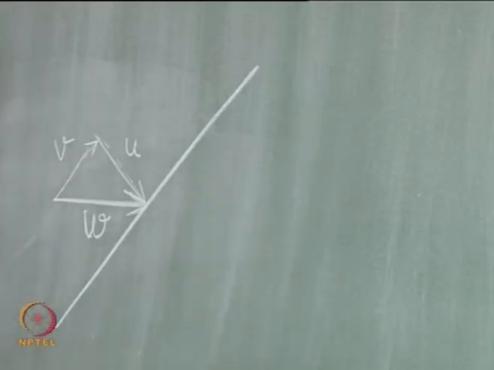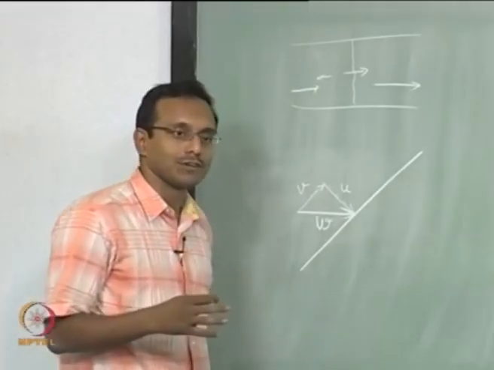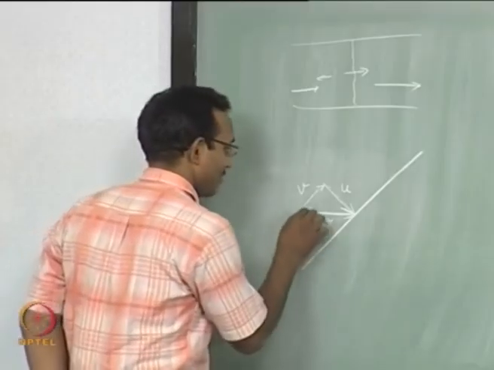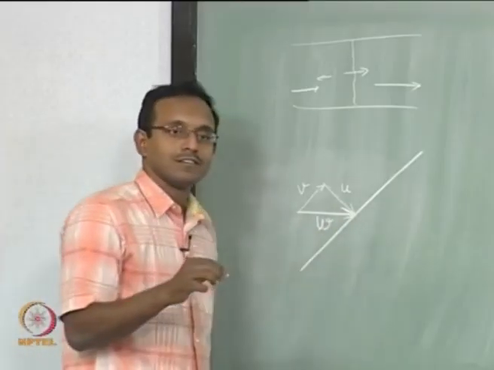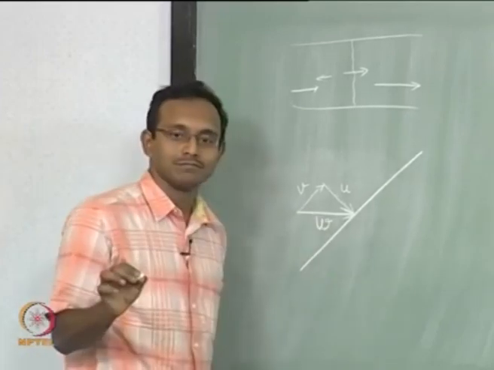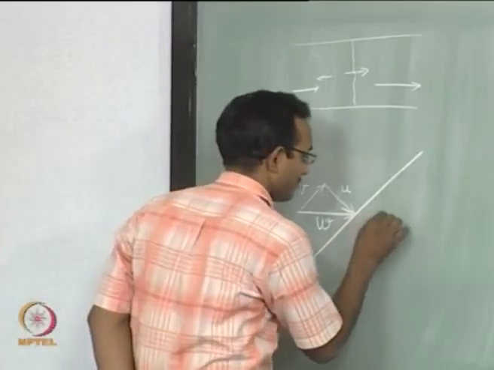And now I have to tell something more about this wave. If a wave is traveling at the speed of sound or almost equal to the speed of sound in a flow which has a velocity direction like this, what will be its angle with respect to this velocity vector? It should be the same as your Mach angle.